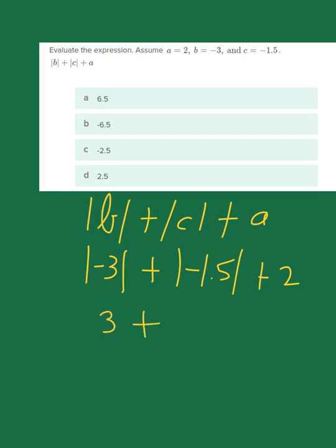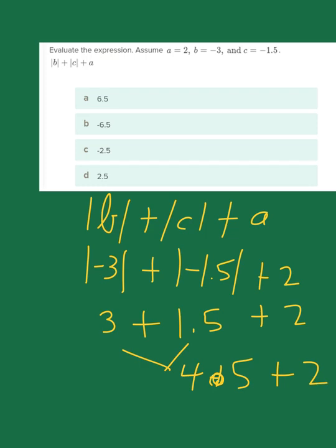The absolute value of negative 1.5 is positive 1.5 plus 2. 3 plus 1.5 is 4.5 plus 2. 4.5 plus 2 is 6.5. So the answer then here is A. So what I did was I evaluated this expression. Put the numbers in, calculated the answer.